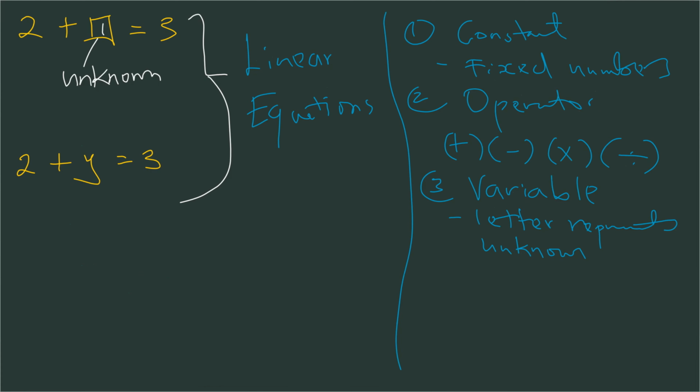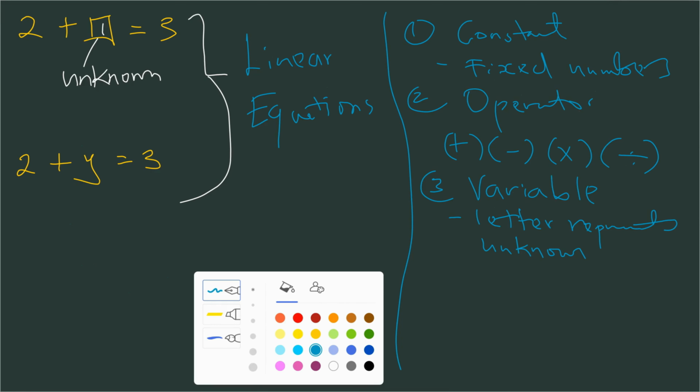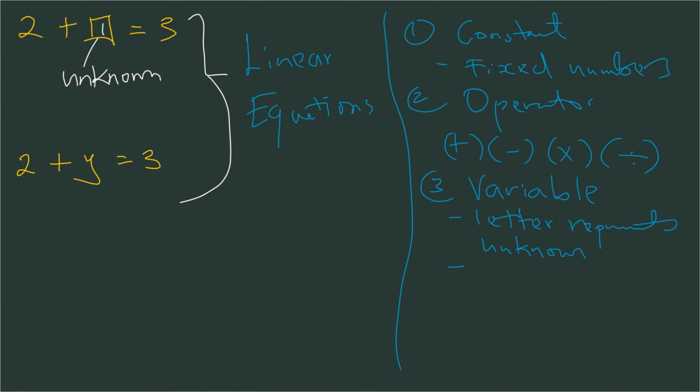Another thing about the variable is that in linear equations, the highest power of the variable is 1. As you can see, this variable here is y raised to 1, the same as y. If you have y squared, that will not be linear.